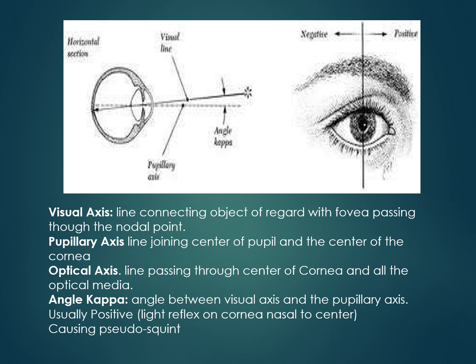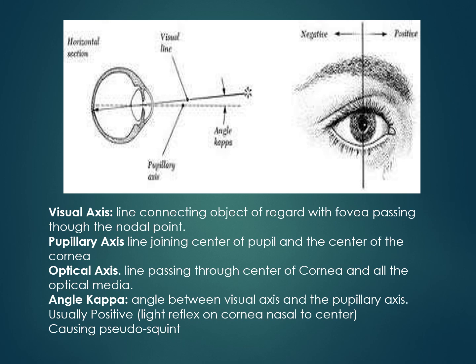Now, what is angle kappa? Angle kappa is the angle between visual axis and pupillary axis, and it is usually positive, and it lies slightly nasal to the center of the cornea. The light reflex lies slightly nasal to the center of cornea, and this gives a false impression of squint, the impression that the eye is turned outwards.